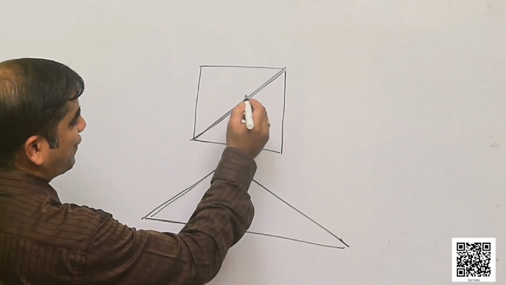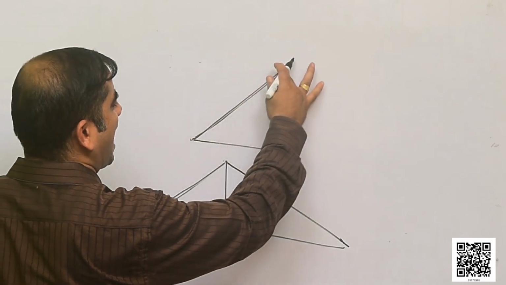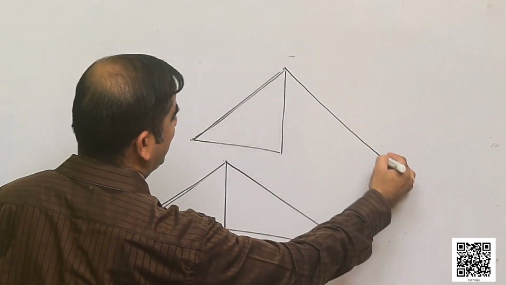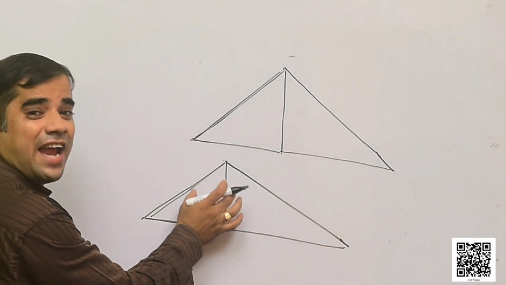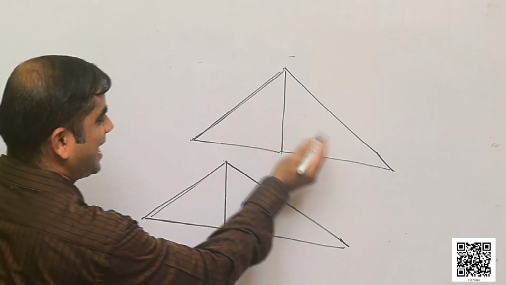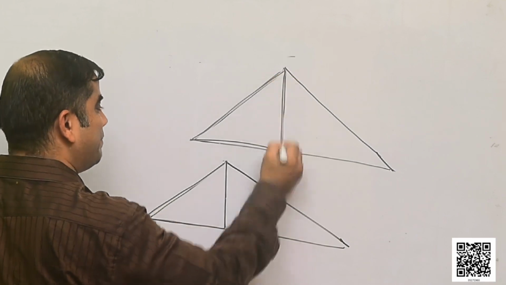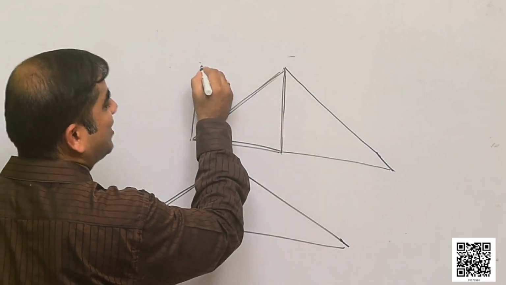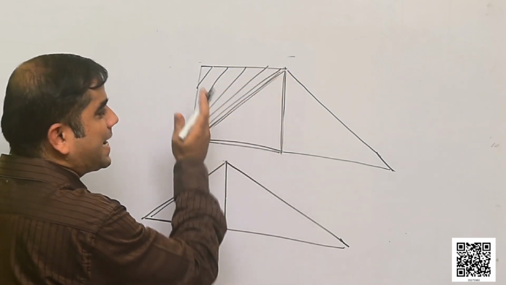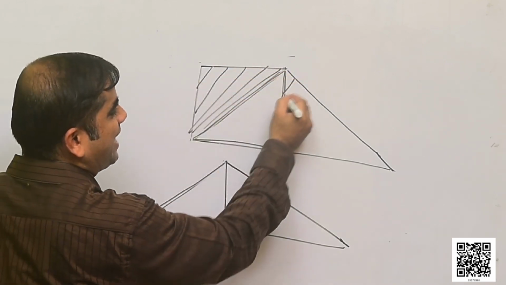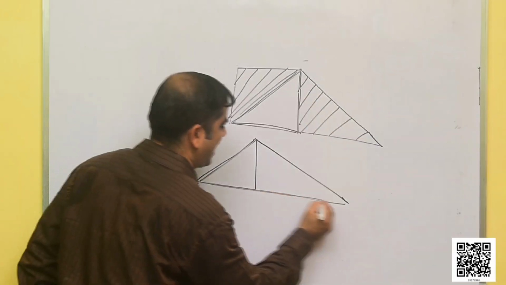See, if I erase this part of the square and keep it in the reverse order, I can draw the same triangle. Again, see, if I fold it like this, I can come to this position. But if I open it again, I will have the square. So this part is separated out from the square and is kept over here to construct this triangle.